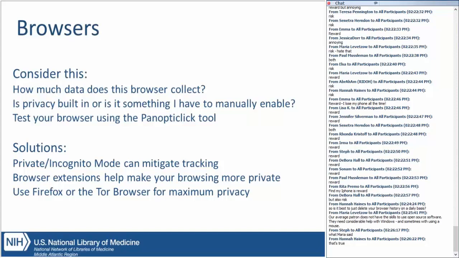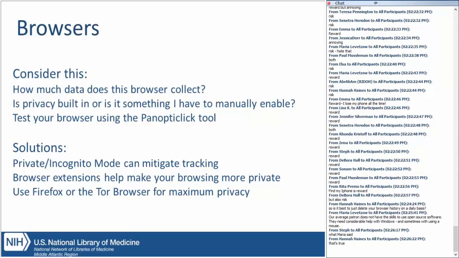So it has the ability to link a lot of different things together. However, that means that your information is in more places. So let's say you use Chrome on your computer and your phone. Your computer might have privacy protocols in place that your phone doesn't. So even if you do a great job protecting yourself on your computer, your phone might be more vulnerable and might be collecting different data. So some things to consider when it comes to browsers.